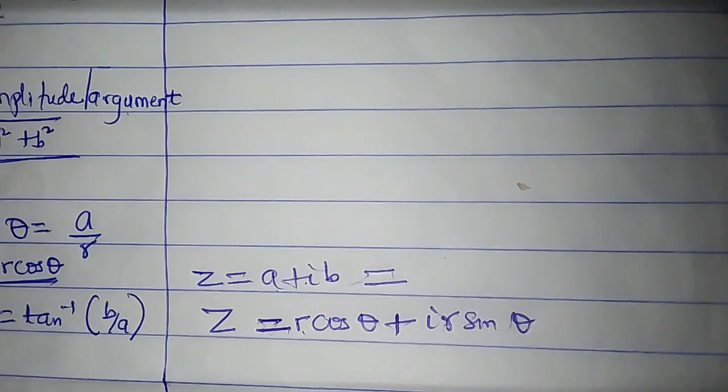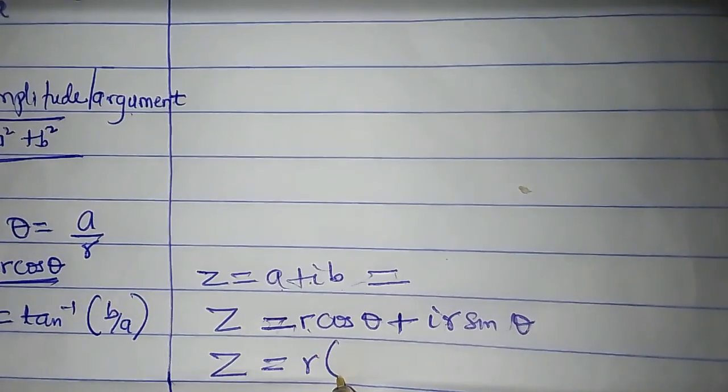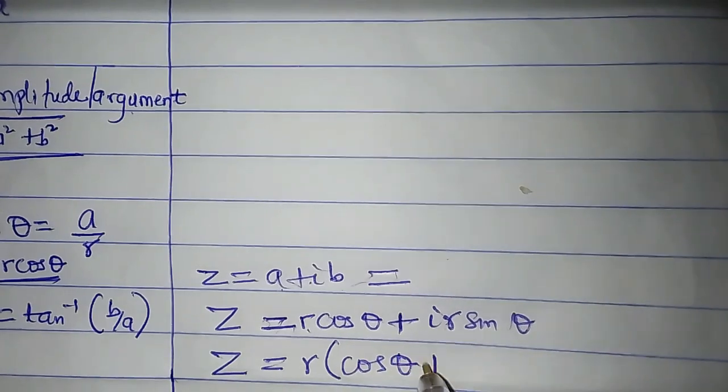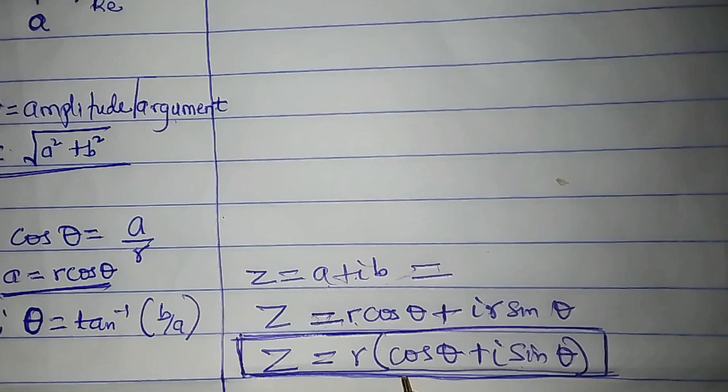If I bring r out, we'll be having z equal to r in brackets cos theta plus i sine theta. And we call this the polar form of a complex number.